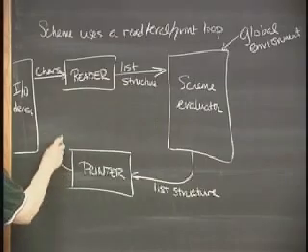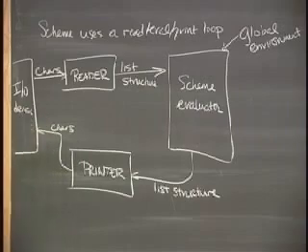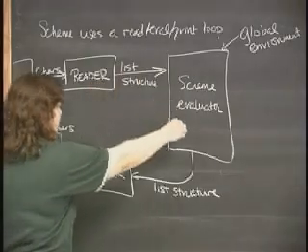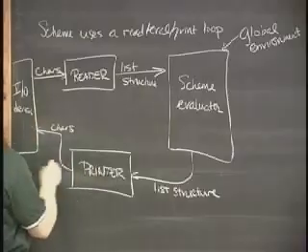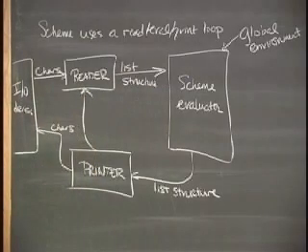And the printer sends characters back to our I/O device. So this is what Scheme's doing. It's reading something in, it's evaluating it, it's printing it back out, and then it goes back and waits to read the next expression.